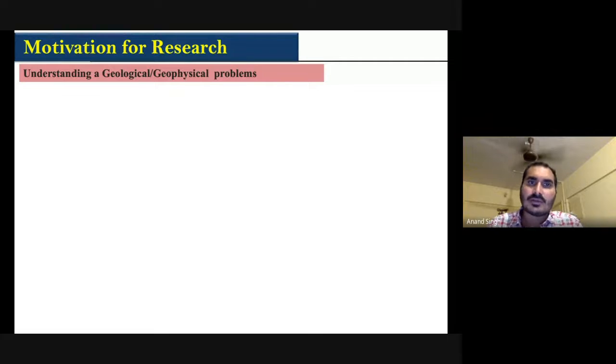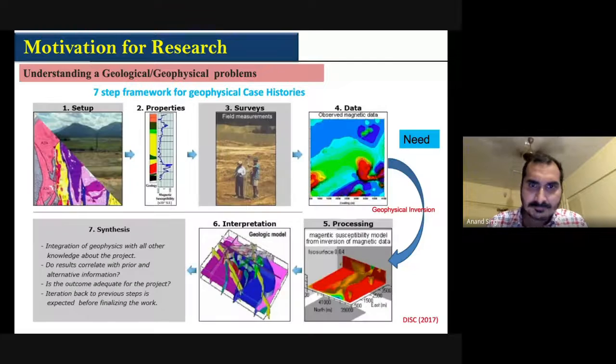We divided our problem into a 7-step framework, and we discussed that most of the interpretation comes from modeling, from data to getting the subsurface model. We call this numerical optimization, geophysical inversion, or geophysical inverse theory.